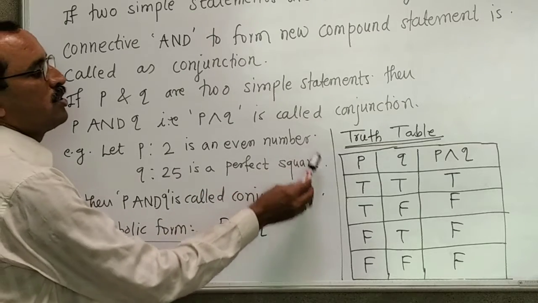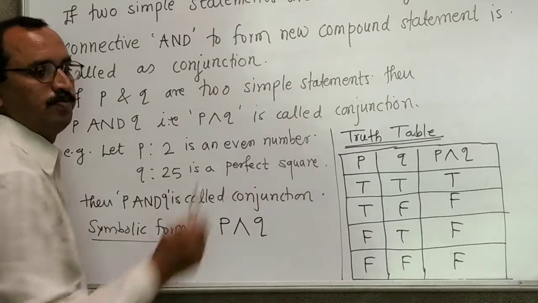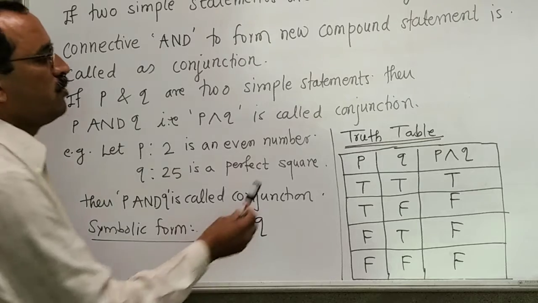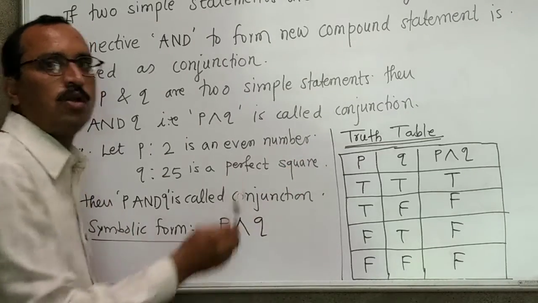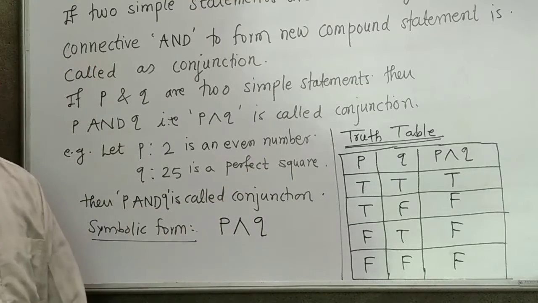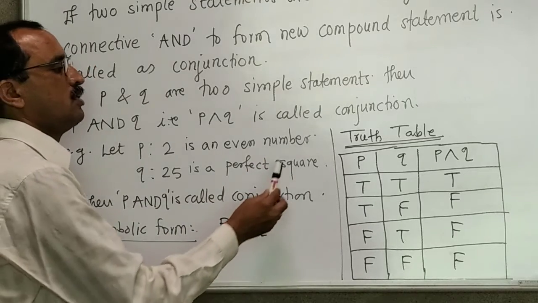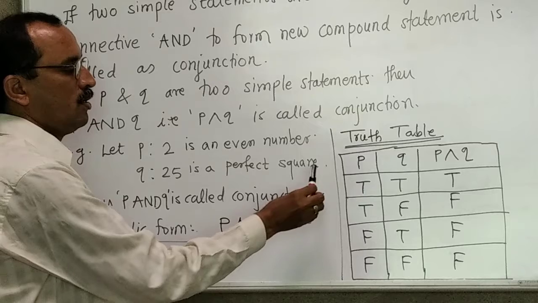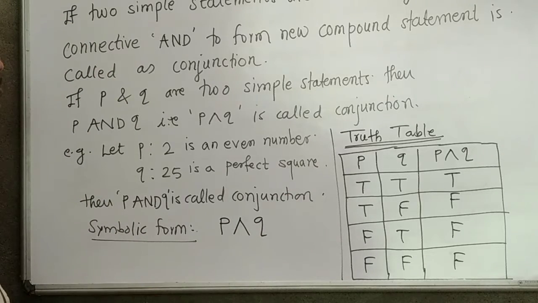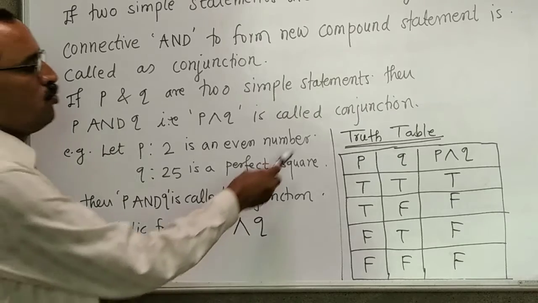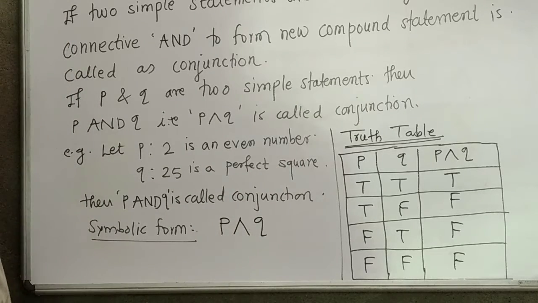The possibilities are: both the statements are true, means TT. The second possibility is the first statement is true and the second is false, means TF. The third possibility is the first statement is false and the second is true. And the last possibility is both the statements are false.